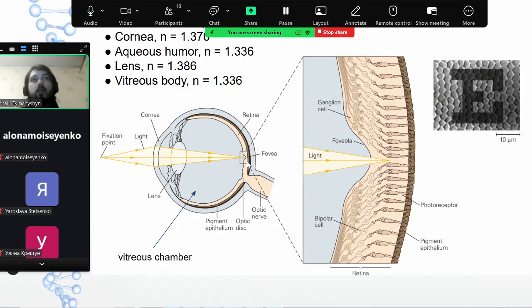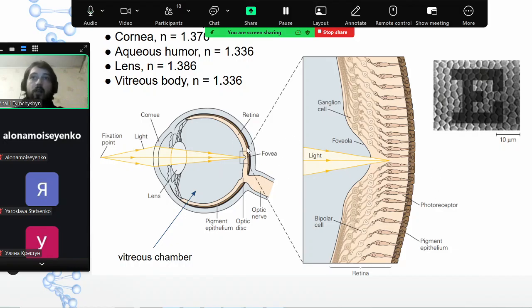The second thing to notice, you probably know from a general biology course, is that we have so-called rods and cones in our eye. Rods have no color specificity in a certain sense, and they are mostly used at dimmer light, while cones are used at normal light, and they are specific to certain wavelengths, so that we can distinguish colors.